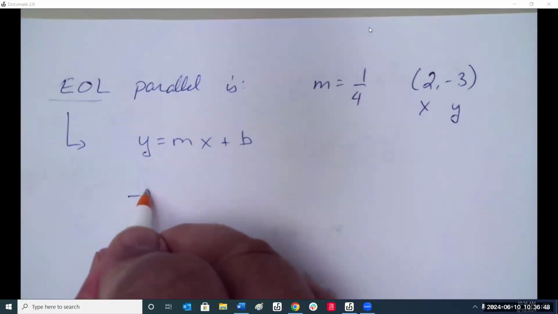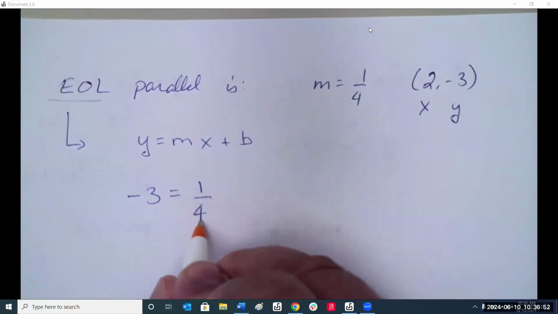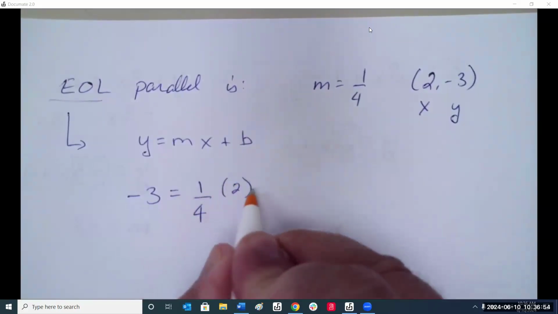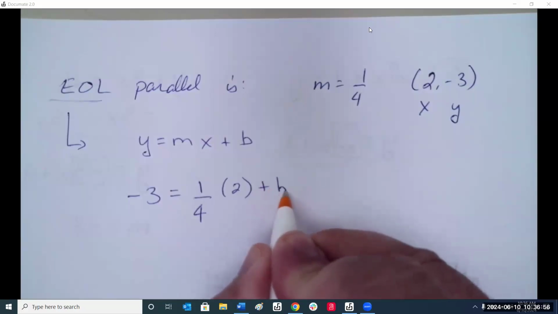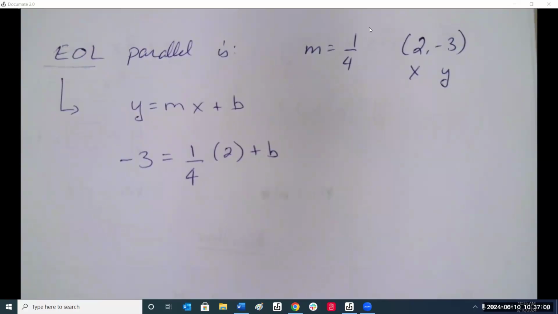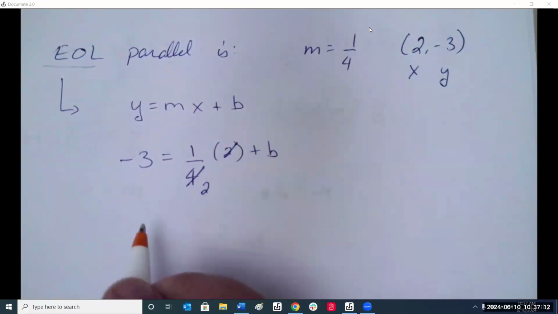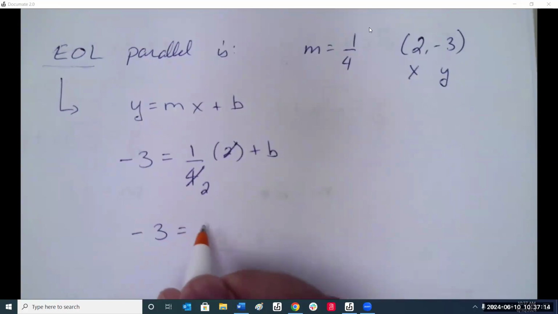So we have -3 equals 1/4 times 2 plus b. We don't have b. These can reduce. 2 goes into 4. So we have -3 equals 1/2 plus b.